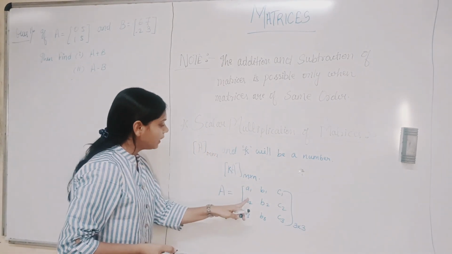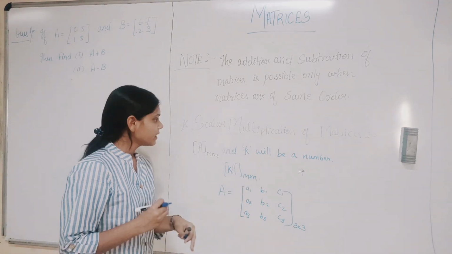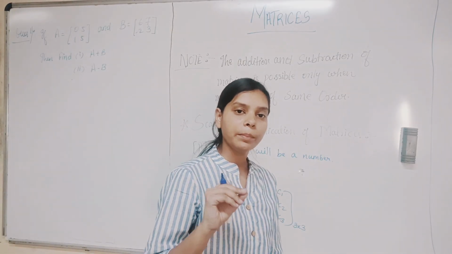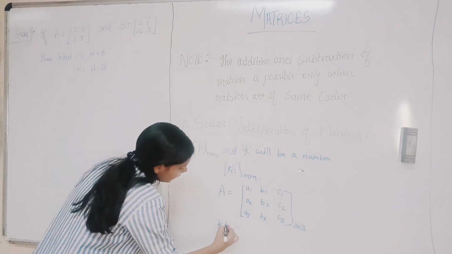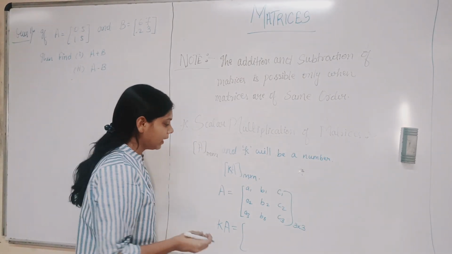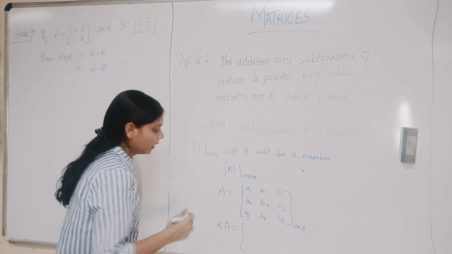Right? And what the statement says, scalar multiplication of matrices means if we multiply, let us take k, each element of this matrix by k, isn't it?